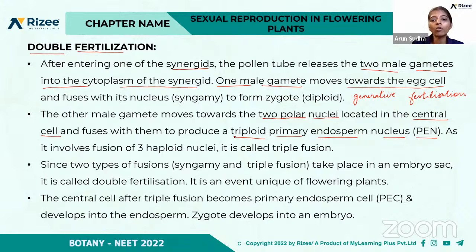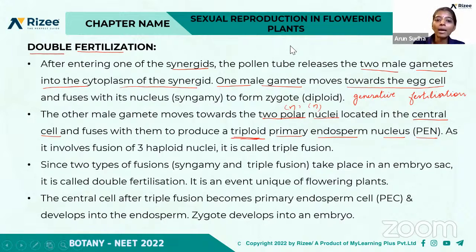We call it triploid because the male gamete is haploid, and it fuses with the two polar nuclei. One polar nucleus is one N and the other polar nucleus is another N, another haploid, right? So it forms a triploid structure, the triploid primary endosperm nucleus.